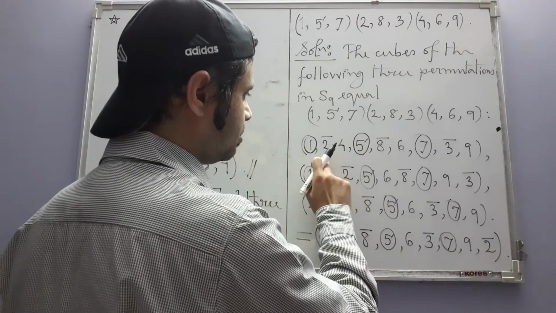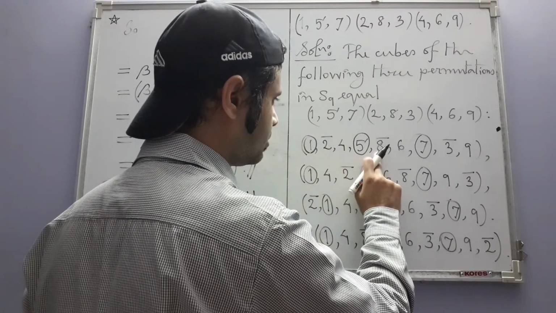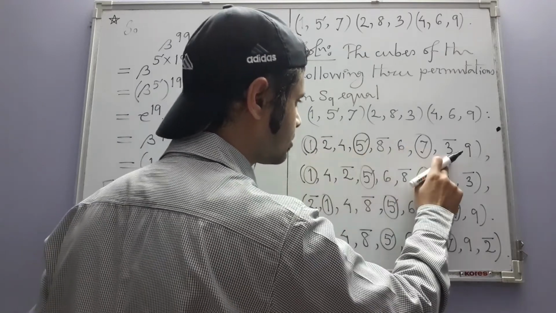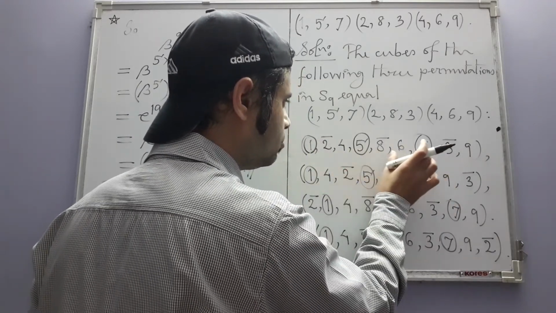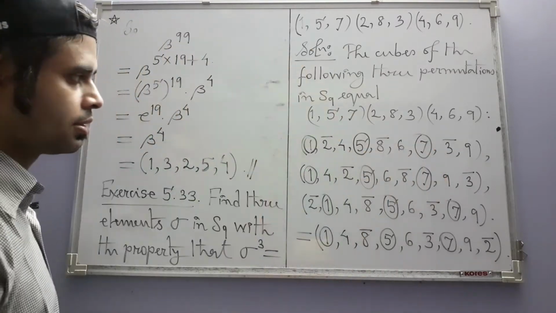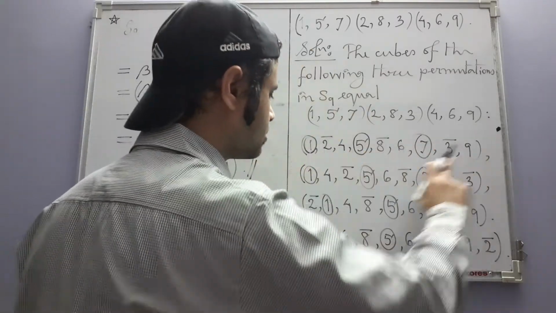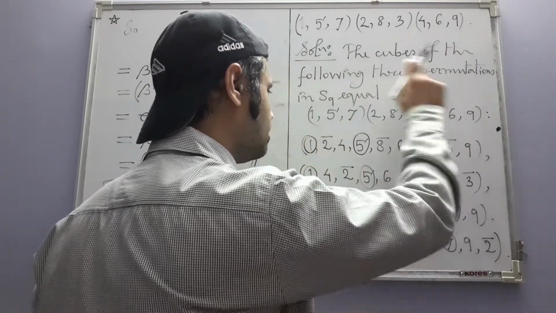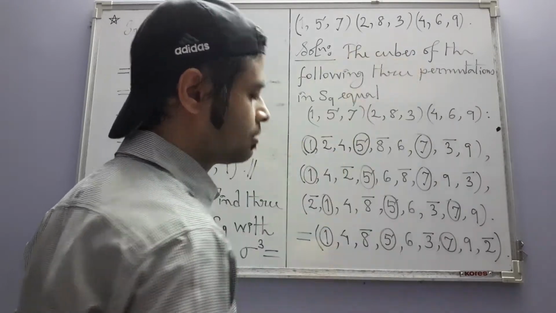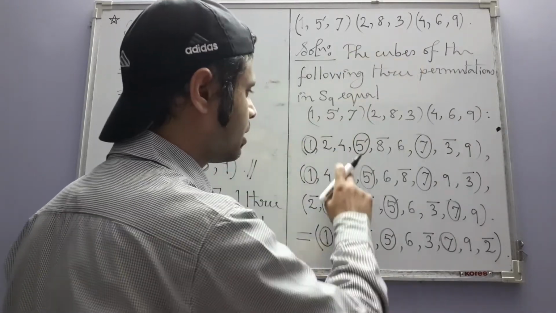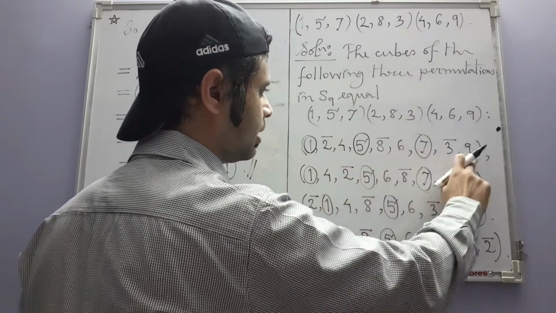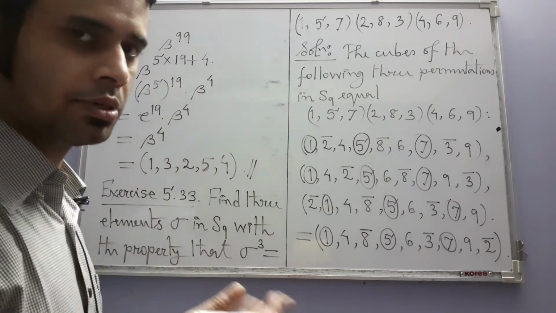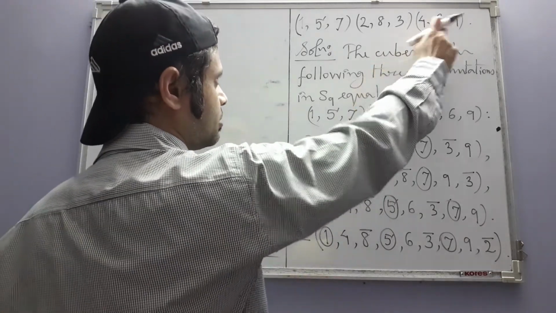You can see that between any two adjacent or consecutive barred numbers 2, 8 and 3, again 2 something else is appearing from the other sets. So the cube of this will also take 2 to 8, 8 to 3 and 3 back to 2. So we have 2, 8, 3, and because of a similar reason we have 4, 6, 9, because here also there is a gap of 2 places in between 2 consecutive symbols from the same set.